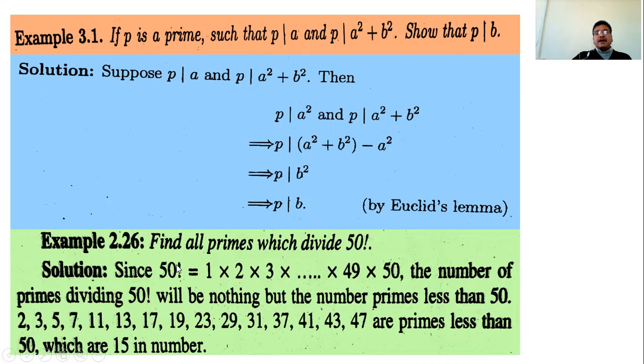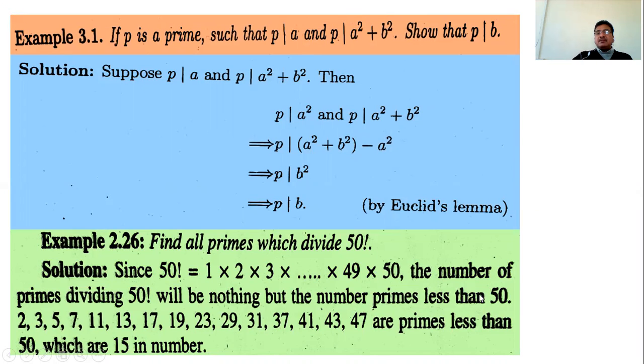So when a prime P divides 50 factorial, that is, P is a prime and it divides this product, by using the corollary of Euclid's lemma, P divides one of the factors. So the primes dividing 50 factorial are nothing but the primes less than 50.